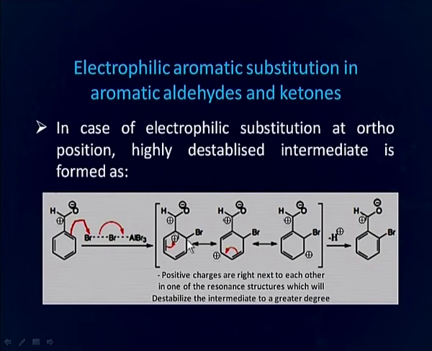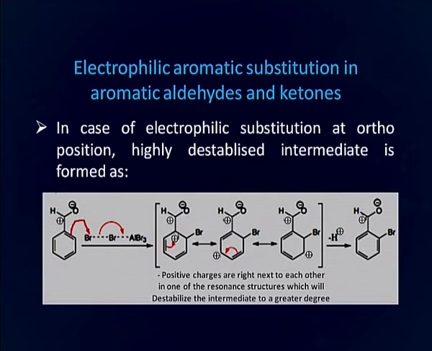If it attaches at the ortho position, you can see that we have positive charge at various positions in the ring, and in one of the resonance structures the positive charges are right next to each other, which destabilizes the intermediate to a greater extent.